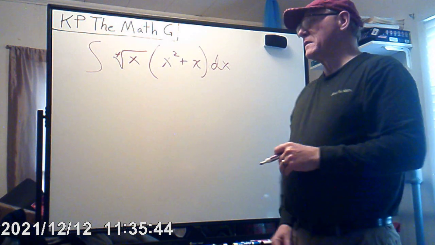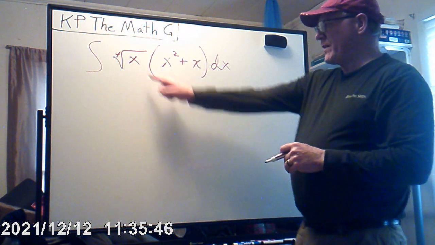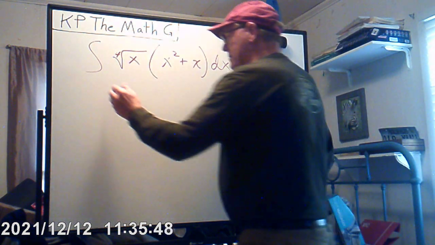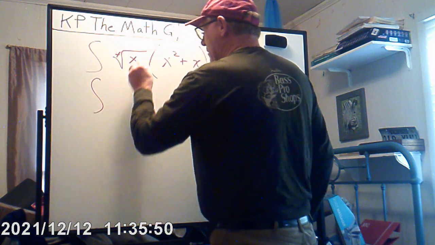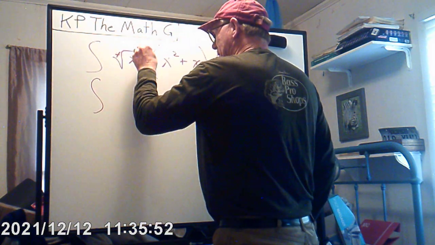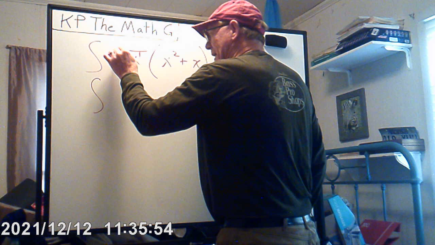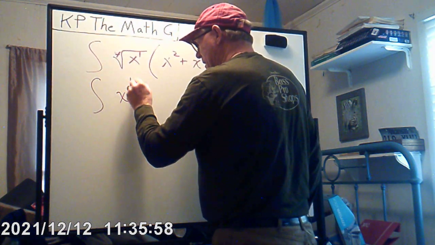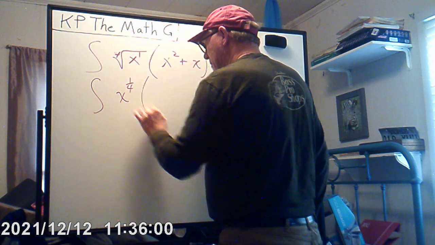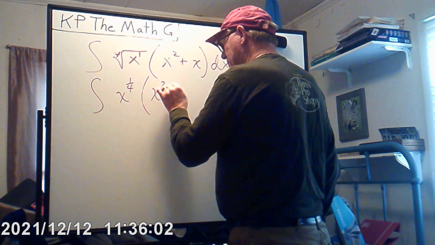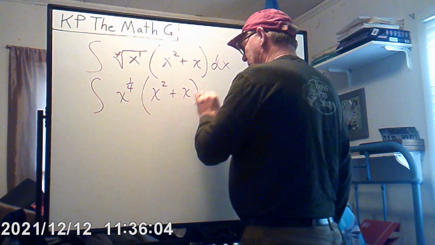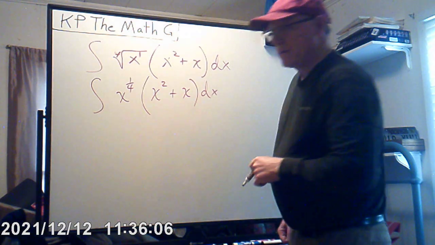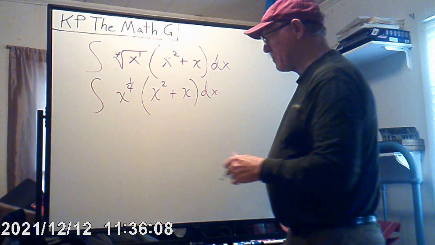Okay. Well, let's rewrite this in the first place. I like to rewrite this. Now remember, the exponent over the index number, x to the 1/4. And now we can simply multiply that.